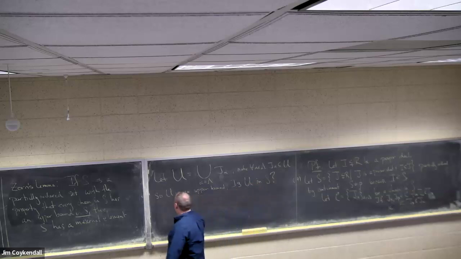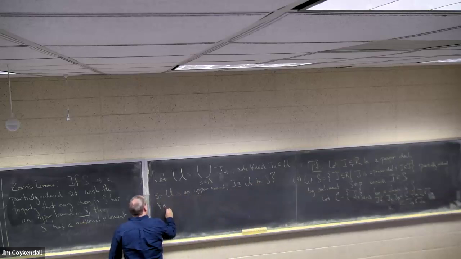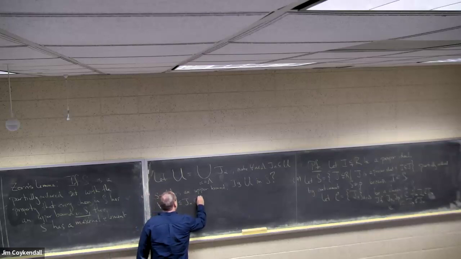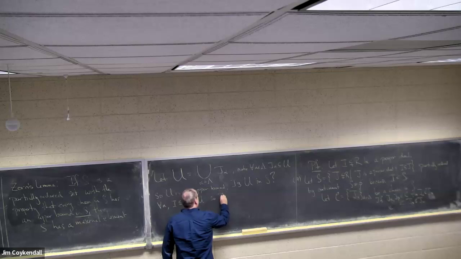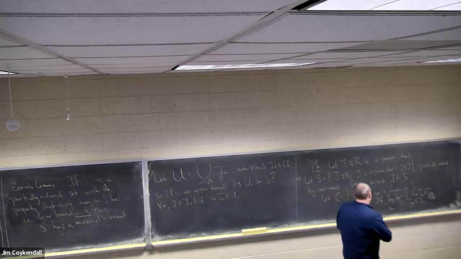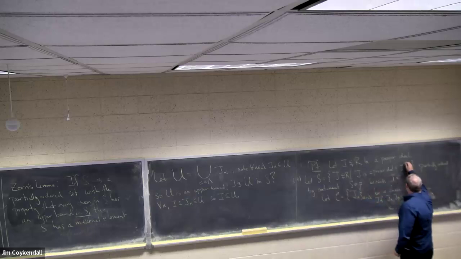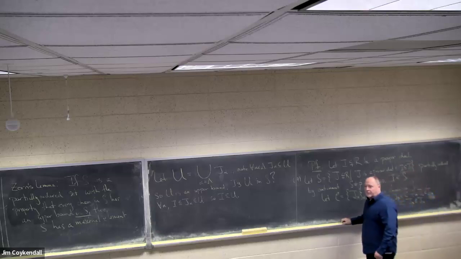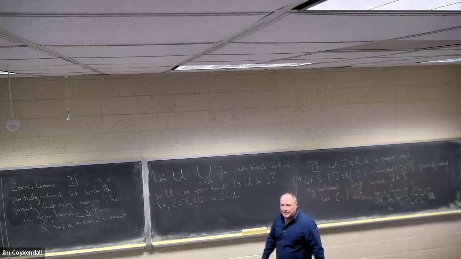Notice that for all alpha, I is contained in J alpha, which is contained in U. So U has this property that U contains I. That's one of the things we need. What else do we need?